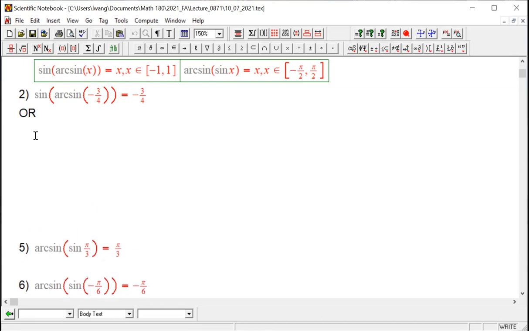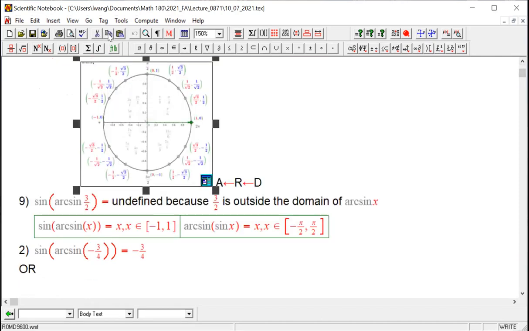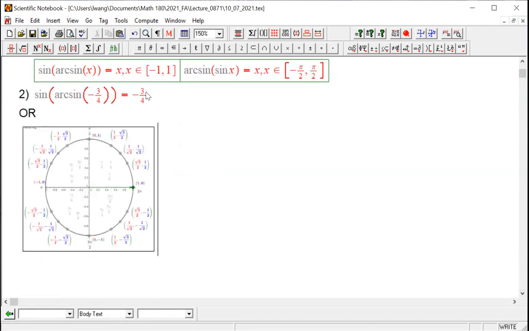You know that from arcsine of negative 3/4, you know the sine ratio. We know the sine ratio is negative 3/4, so we know the definition.